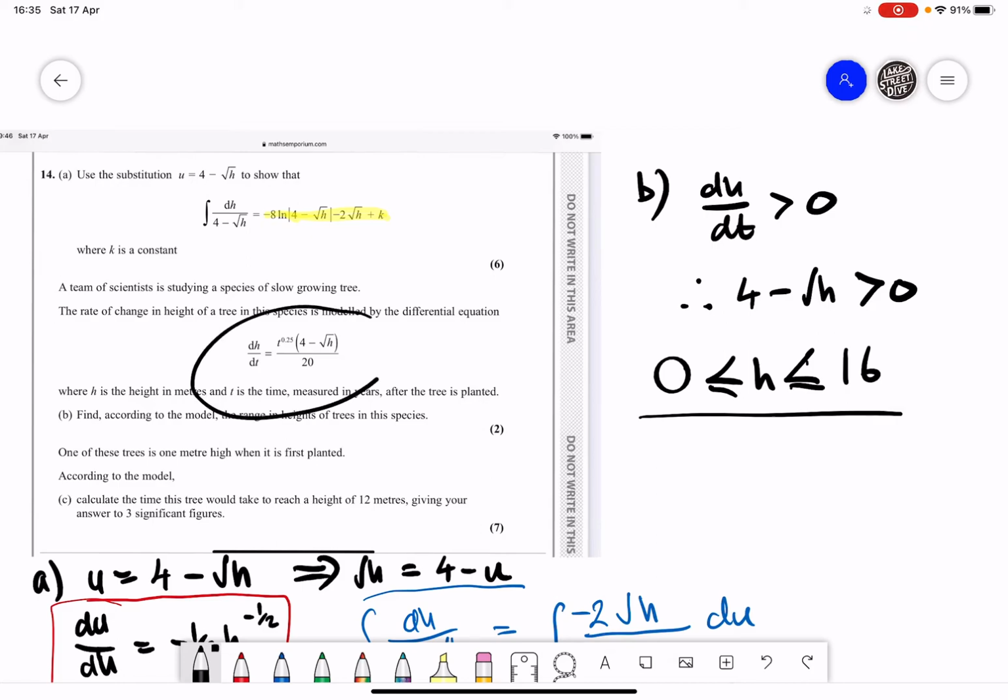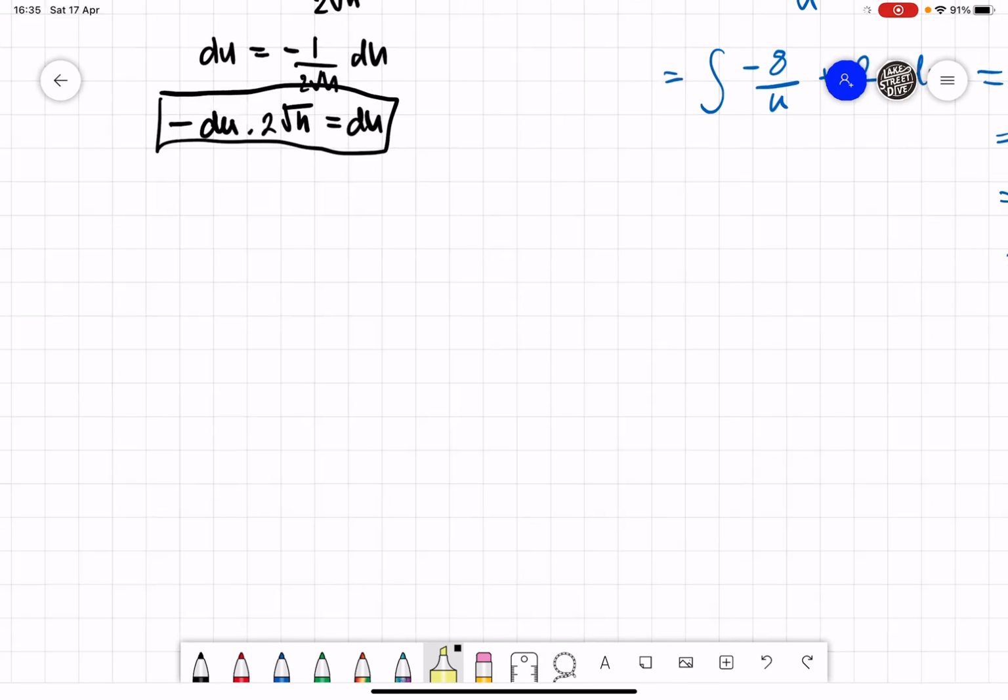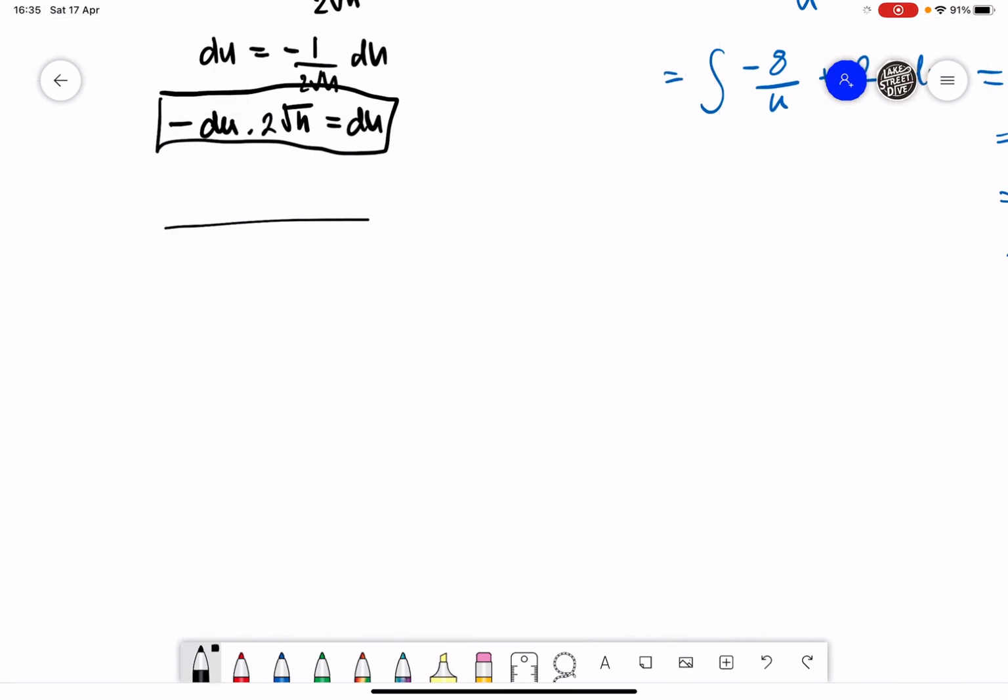We have this function, and we're asked to find, given one of the constraints just here, that if t is 0, h is 1, how long it will take to reach 12 meters. Okay, now find some space to work in. Start by writing out the question again.